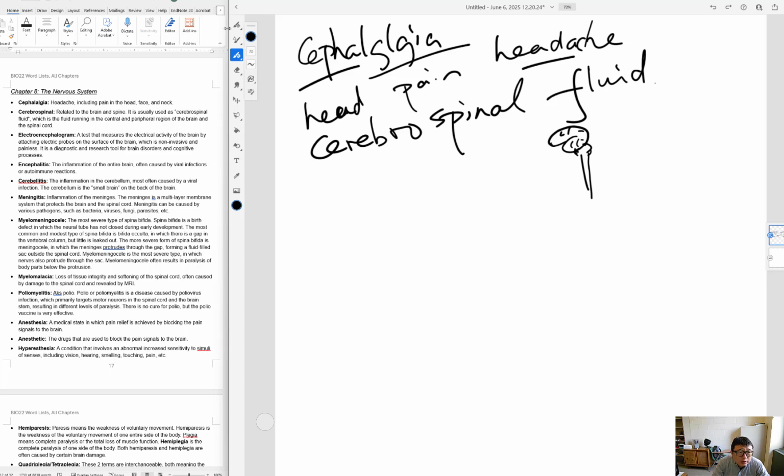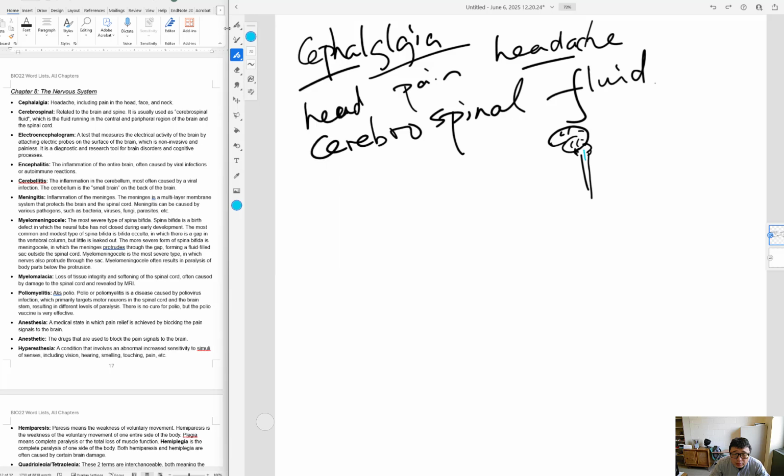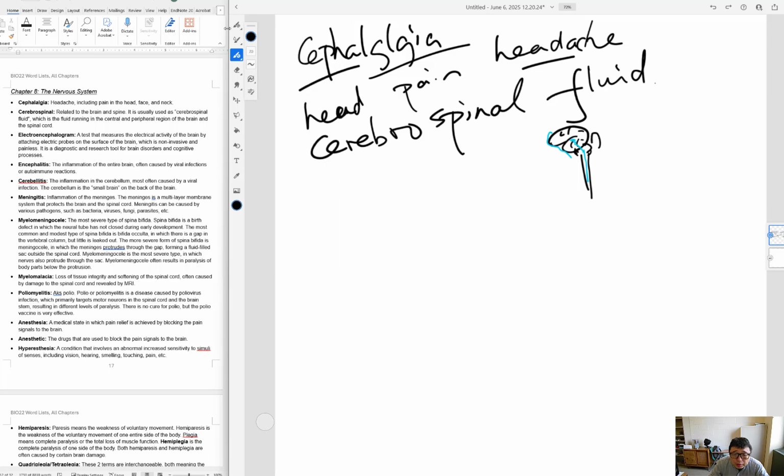Inside the brain and the spine, there is fluid flowing through to serve many functions, and a major function of the fluid, not only inside but also outside the whole brain, is also the cerebellum.